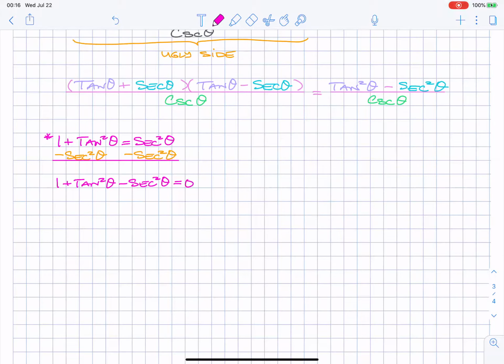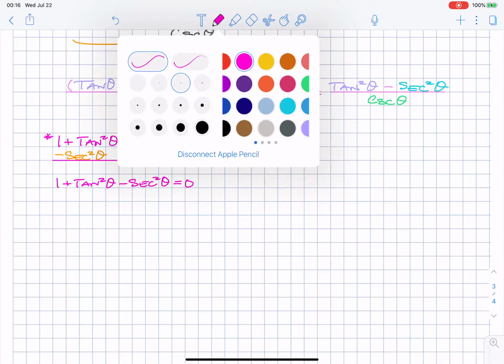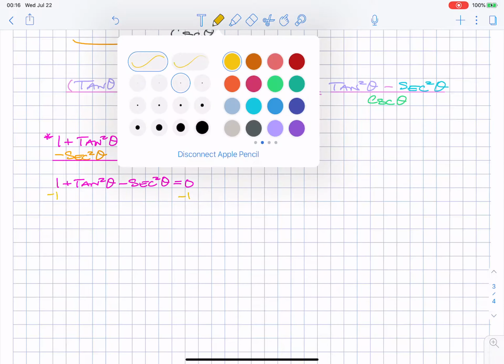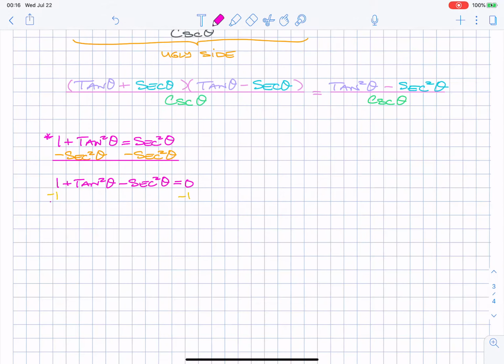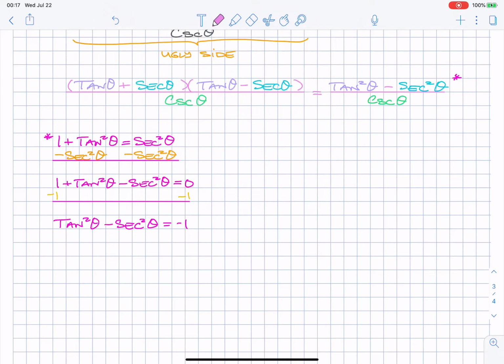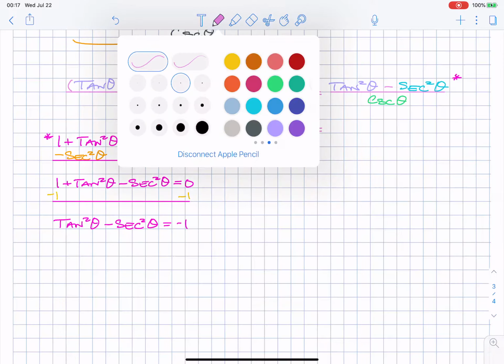Okay, but I don't have the 1, so let's go ahead and subtract that out. Minus 1, minus 1. So now I have that tangent squared theta minus secant squared theta is negative 1. So I can replace that whole numerator with negative 1.